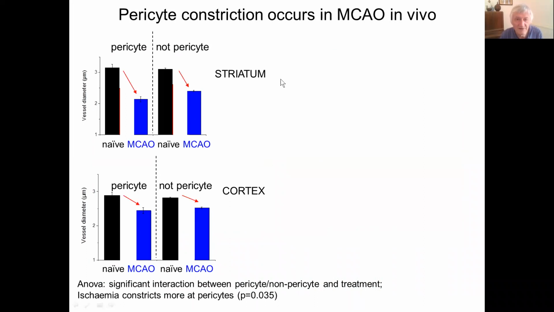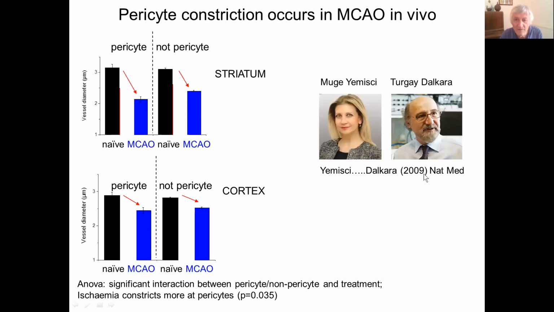And you find that in the core of the lesion and also in the penumbra, there's a decrease in the diameter of the capillaries, which is larger near pericytes. There's also occlusion of vessels by the blood just gets clotted there, or it gets blocked by a neutrophil. So it seems as though pericytes constrict these vessels. And this is consistent with earlier work by a Turkish group with Müge Yemisci and Turgay Dalkara in it.